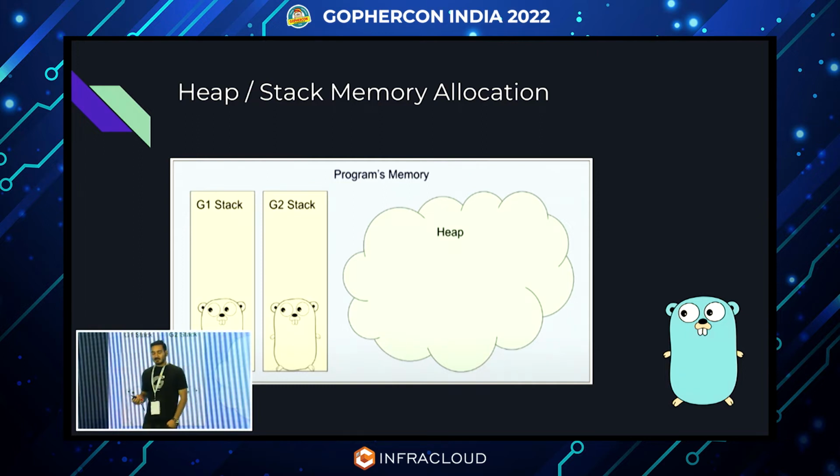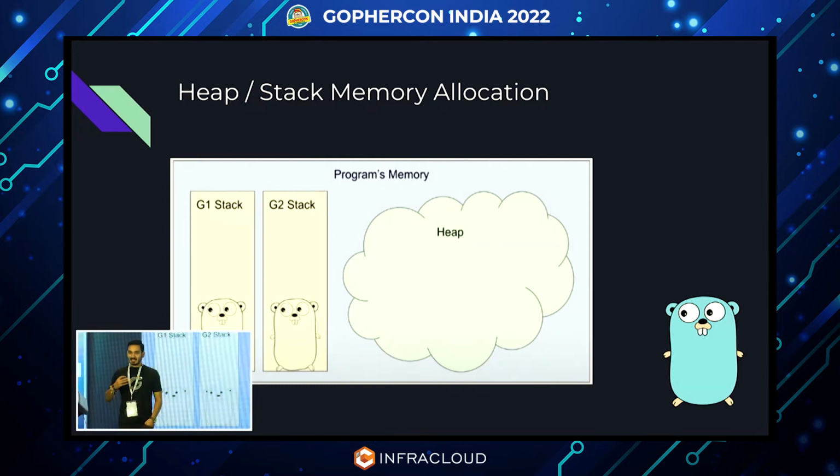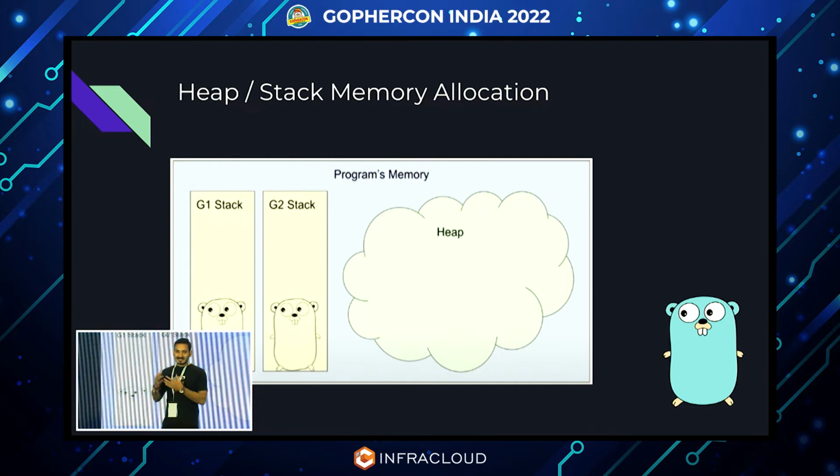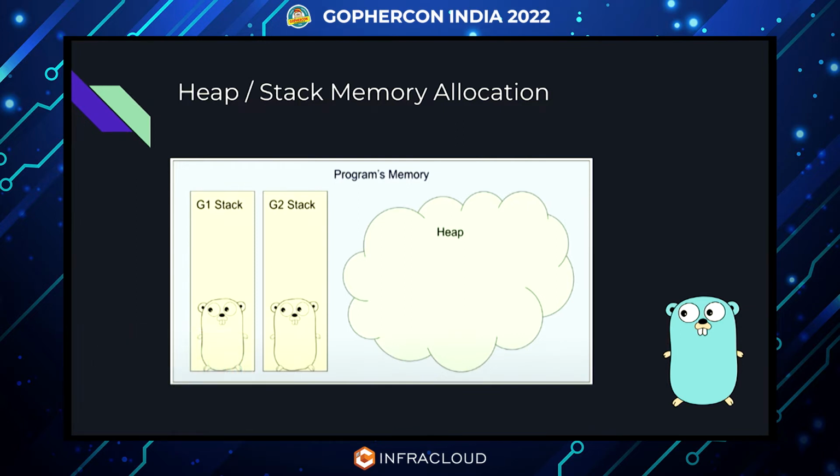Next we are going to talk about memory allocation and what the memory components are. There are two components, stack and heap. Whenever the process starts or the Go routine starts, there is a stack associated with every Go routine, and then there is a heap, which is the common memory pool for all the Go routines.